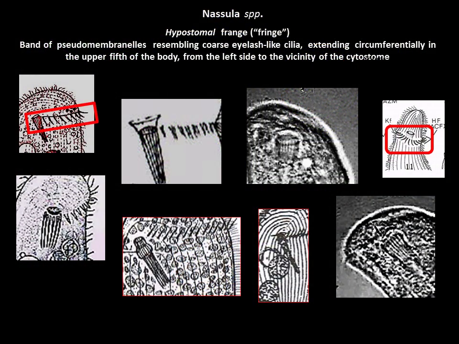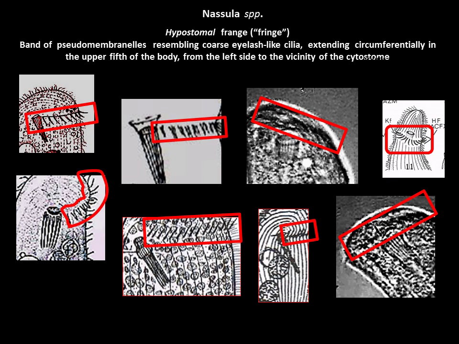Nassula has a hypostomal frange, a band of pseudomembranelles resembling coarse eyelash-like cilia, which extends circumferentially in the upper fifth of the body from the left side to the vicinity of the cytostome.